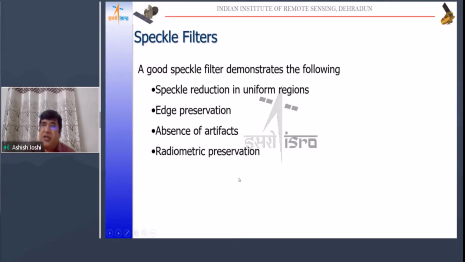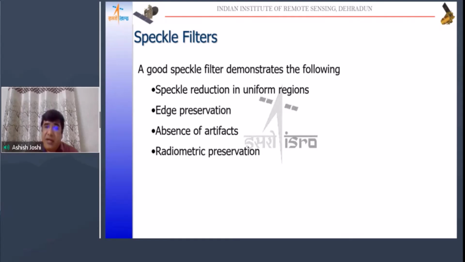Okay, if we have uniform regions like a lake, the ocean or the ground, the speckle filter will automatically do good speckle reduction there, and it will preserve the edges. If buildings are there, there should be edge preservation, and it should not have any artifacts, the absence of artifacts, and radiometric preservation. The radiometry of the image should also not change. So these are the basic characteristics of good speckle filters.